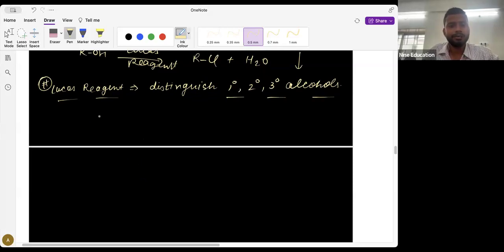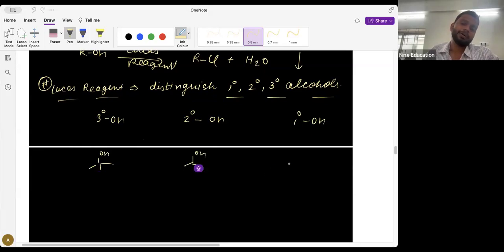Let's say I have a 3-degree alcohol, a 2-degree alcohol, and a 1-degree alcohol. This one is the 3-degree alcohol, this one is the 2-degree alcohol, and this one is the 1-degree alcohol.